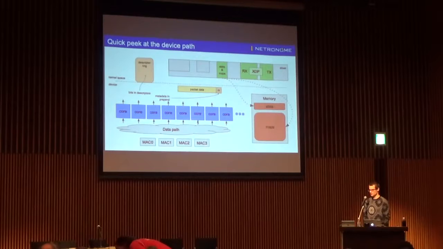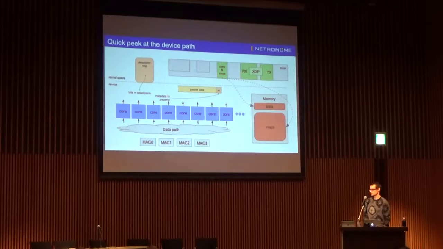because unlike XDP, in TC the packet can show up in the kernel stack, in the kernel path, for two reasons. It can either be accepted, and this is referring mostly to the direct action mode that Daniel was talking about earlier, where the eBPF program is returning the TC return code directly. In this mode, we can get the packet in the kernel path either because it's accepted or because the filter didn't match. So the code was either OK or unspecified.